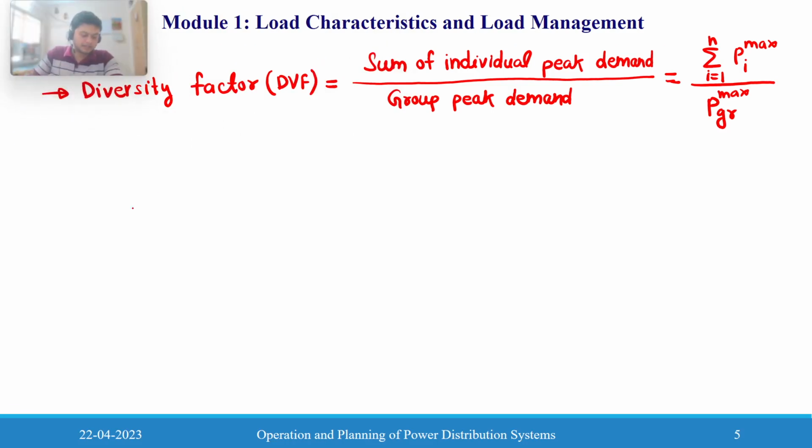And the second term is the coincidence factor. Remember one of the terms, either diversity factor or coincidence factor. Coincidence factor is just the reciprocal of diversity factor. So remember one term and just take the reciprocal for the other.